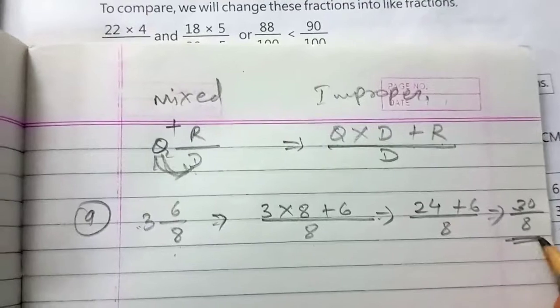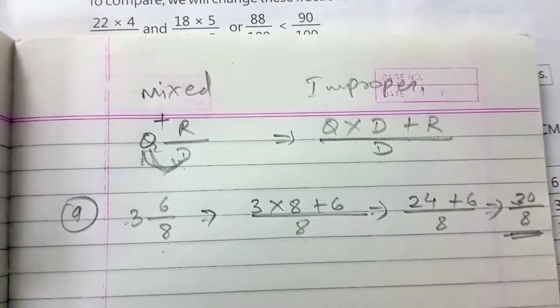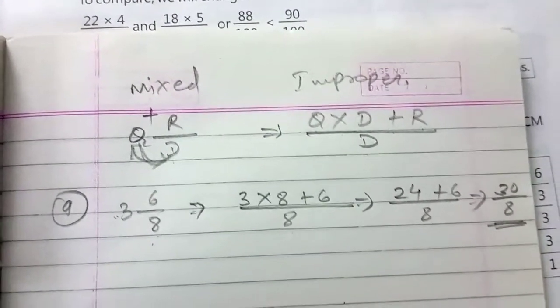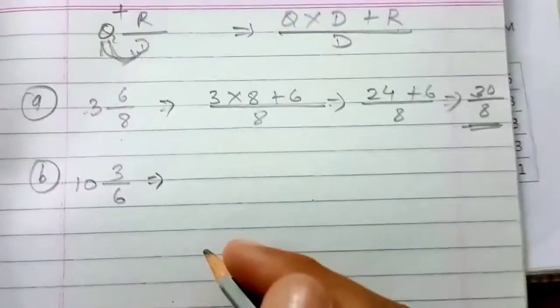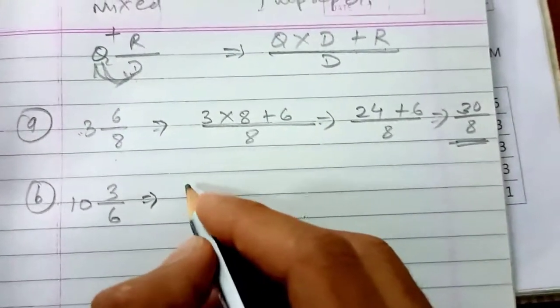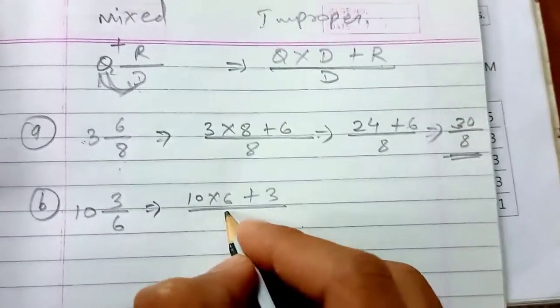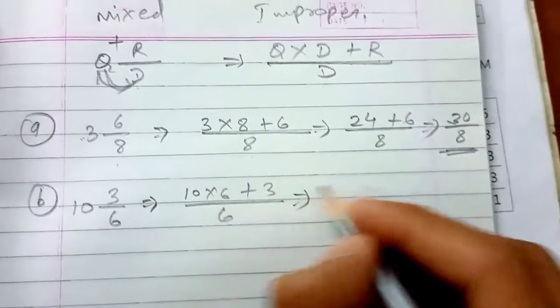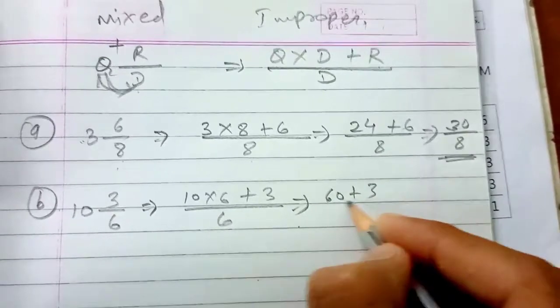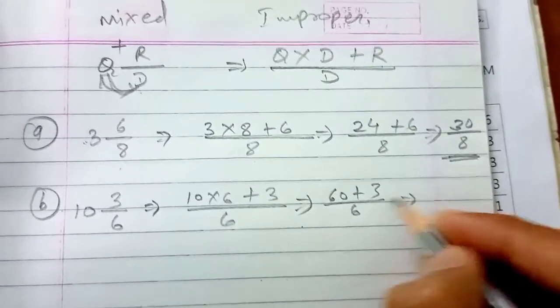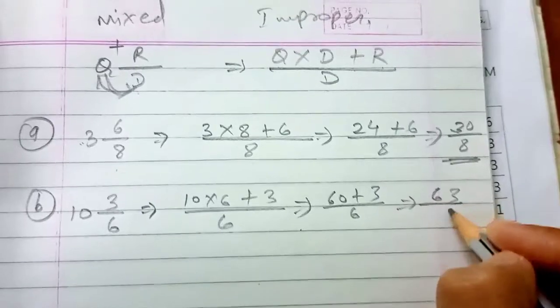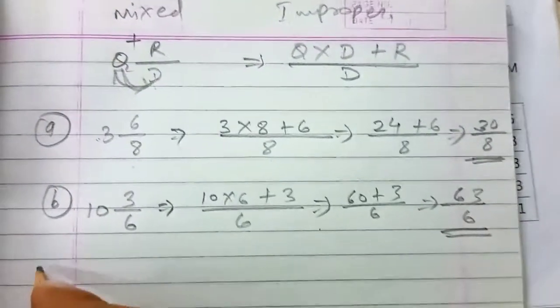So our improper fraction is 30 upon 8. In the same way we do the next, question number B: 10 and 3 by 6. So we multiply 10 into 6 and add 3 upon 6. 10 sixes are 60 plus 3 upon 6. 60 plus 3 is 63 upon 6.